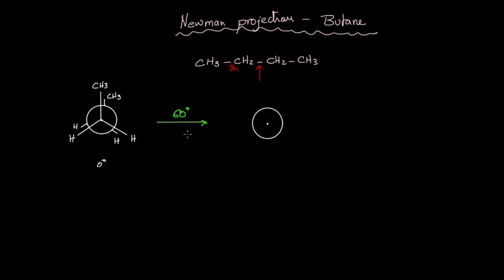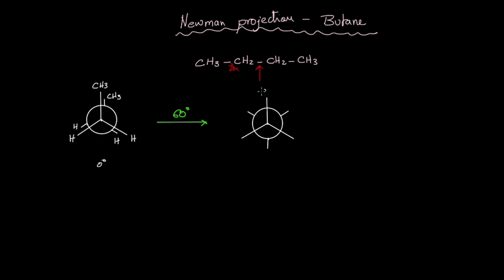Now when we rotate around the bond, only the bonds on the back carbon will change, so the bonds on the front carbon will remain the same, and therefore I will always have the same bonds on the front carbon, but on the back carbons the bonds angle will change, and therefore I will go from eclipsed to staggered.